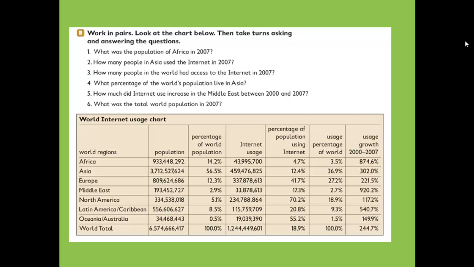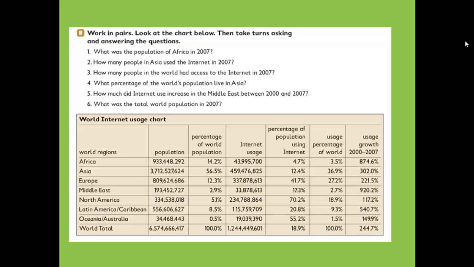Now let's do practice B. Work in pairs. Look at the chart below, then take turns asking and answering the questions. The first question: what was the population of Africa in 2007? Number 2, how many people in Asia used the internet in 2007?